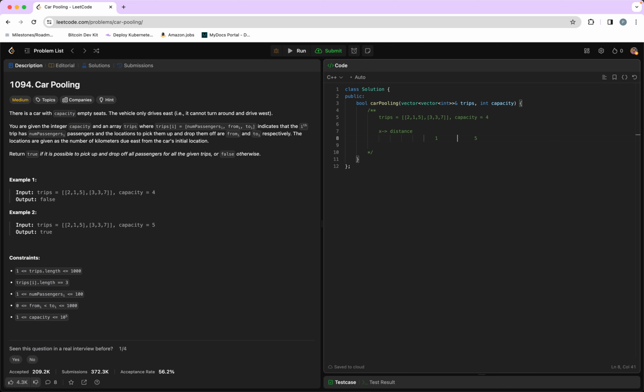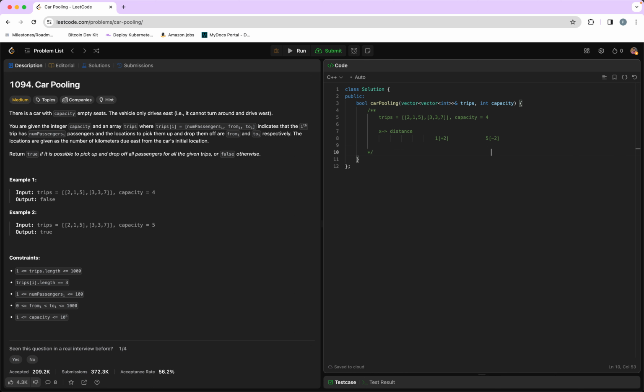And 2 persons would get in at the first coordinate. And similarly, at index 5, which is their destination, we would be having 2 fewer persons, correct?